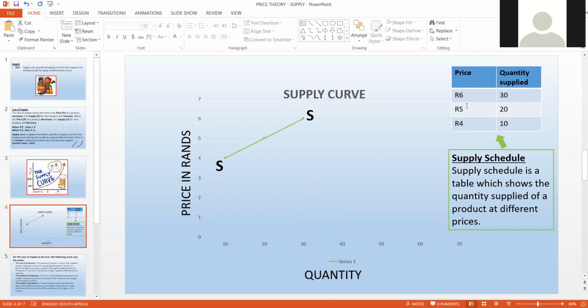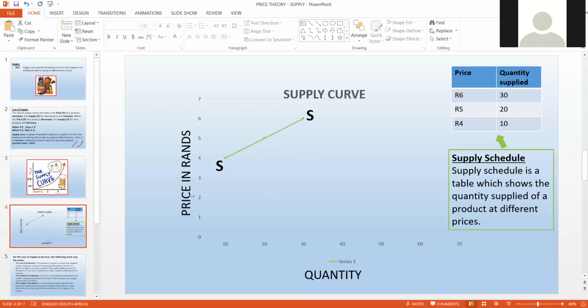The next one, at R5, I as the supplier am willing to supply 20 packets of chips. So there I go up to R5 and I'm willing to supply 20, and where those two lines meet, I make a little dot, and that is then the point on the graph. The last one, at R4, I'm only willing to supply 10 of the packets of chips.